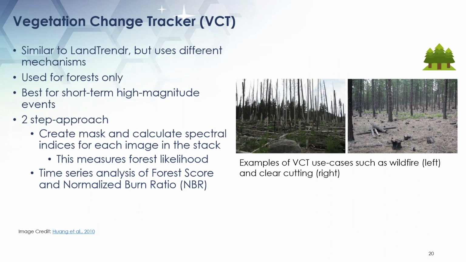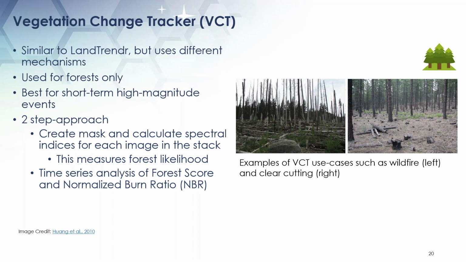There are several other algorithms for identifying change, and we will just mention a few briefly here. The first one is Vegetation Change Tracker, or VCT. And this is another algorithm that's similar to LandTrendr. However, it's only used for forested regions and is really best for short-term discrete events.